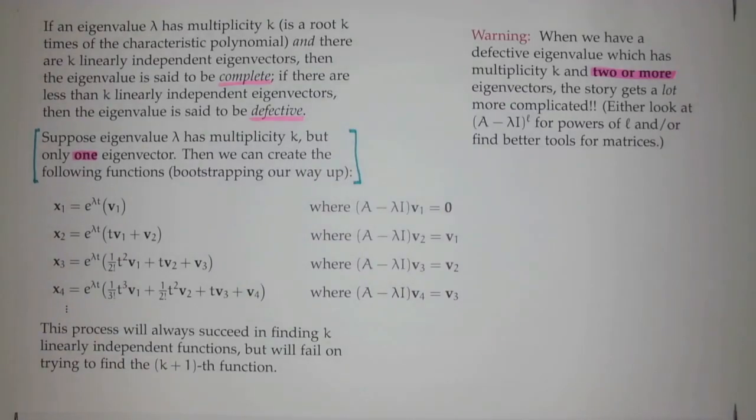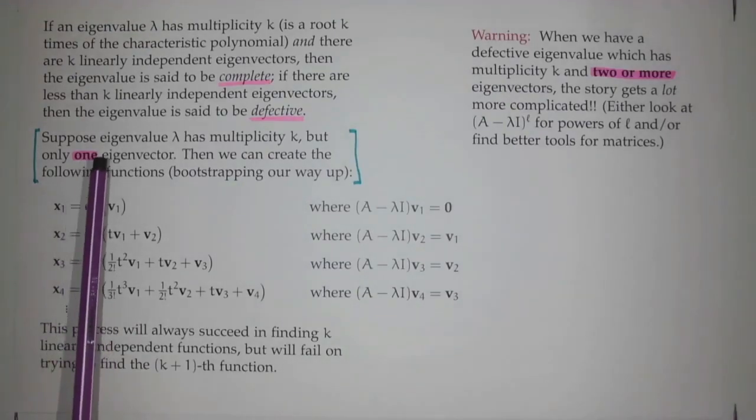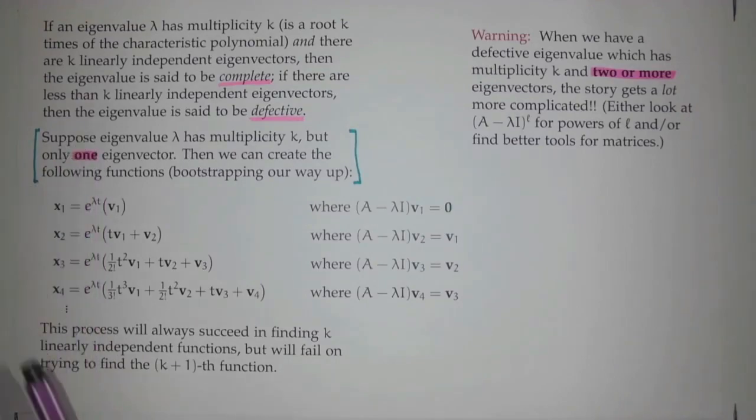Now, there's one case where you can bump and it's not too much hard work. Hard work being a relative term. And that is, suppose you have an eigenvalue and there's only one eigenvector. So that's the setting. You have, eigenvalue might be repeated many times, but there's only one eigenvector.